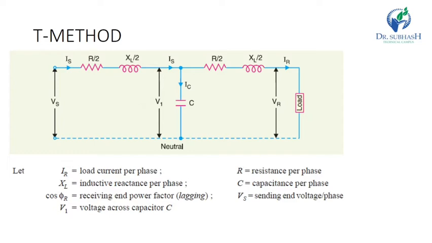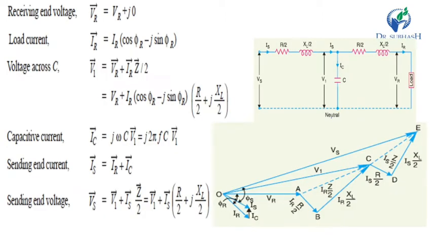Now we see the phasor diagram for this equivalent circuit, and then we derive the calculation for the medium transmission line with the help of the T method, and then we study some examples based on the T method. Here we see the equivalent circuit of the medium transmission line, the phasor diagram, and some calculation regarding it.